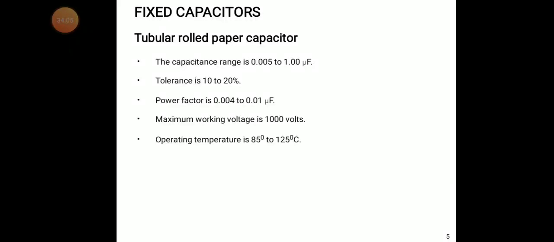The capacitance range of this tubular rolled paper capacitor is 0.05 to 1 microfarad. Tolerance is 10 to 20%. Power factor is 0.04 to 0.01. Maximum working voltage is up to 1000 volts.